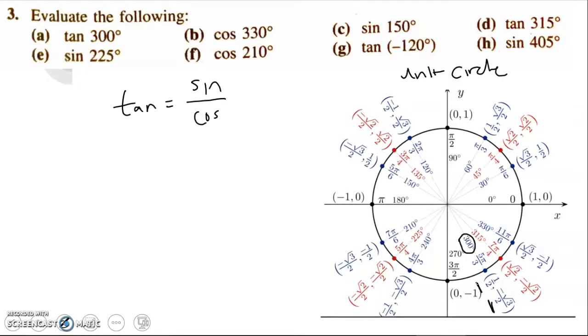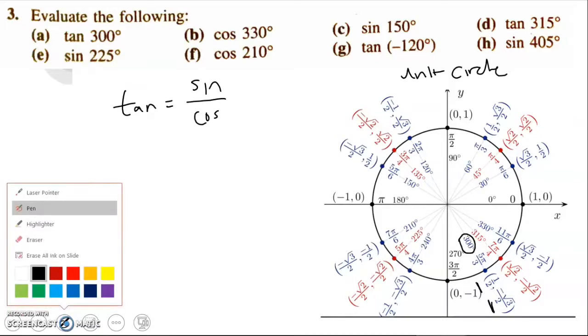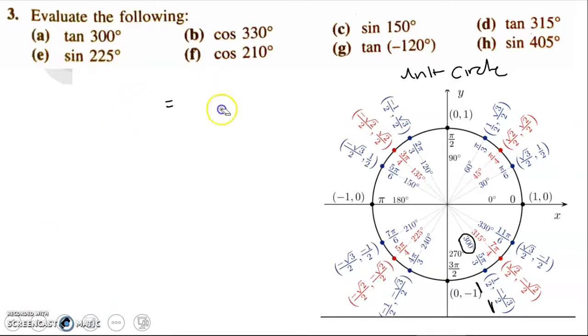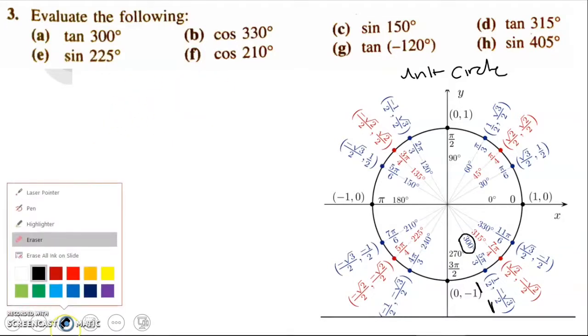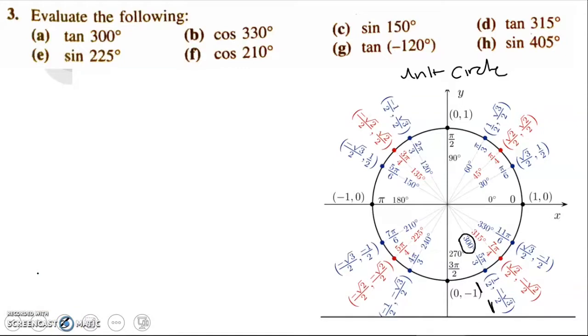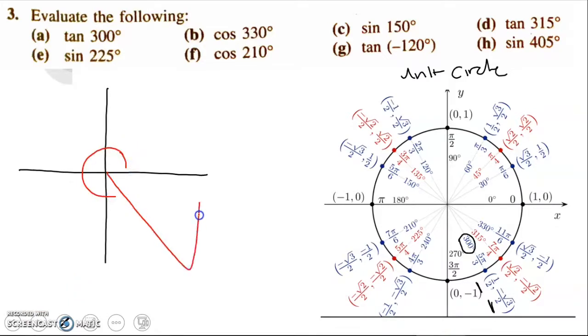Okay. Now, you're going to have to divide fractions there, which some of you are not comfortable with. But again, if you need to, that is an option for you. I will do it the way we've traditionally done it. So I'll say, well, tan 300, it goes around the circle 300 degrees, which means it gets left with a base angle of 60.